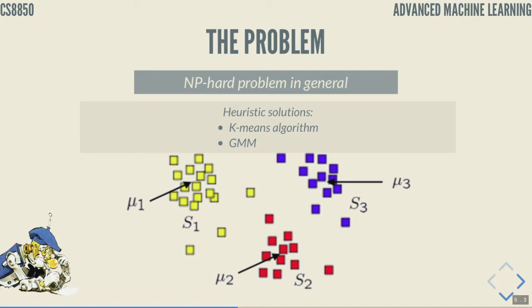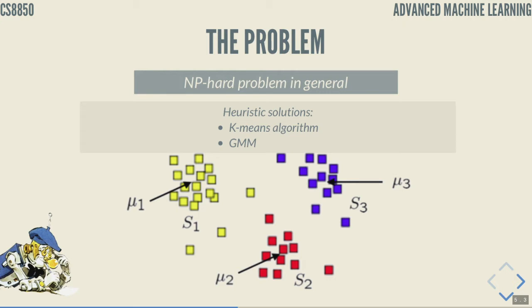Hard assignment. What do you assign to one cluster? What do you assign to another? And we don't want to deal with combinatorial and NP-hard problems especially, so usually we fall back to heuristic solutions.